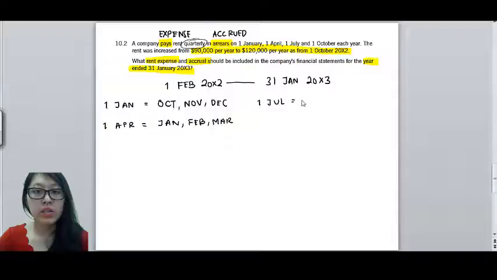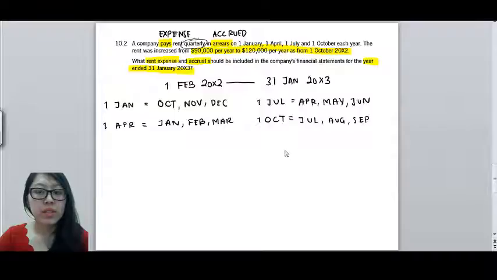From 1st July, we are paying for April, May, and June. And for 1st October, we are paying for July, August, and September. This is what is meant by in arrears. You incurred the expense first, but you pay later.